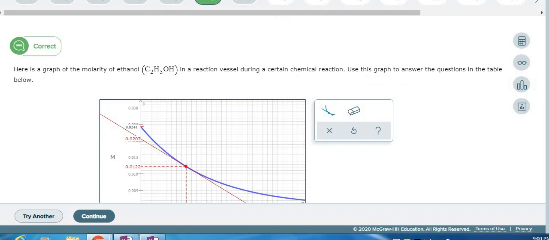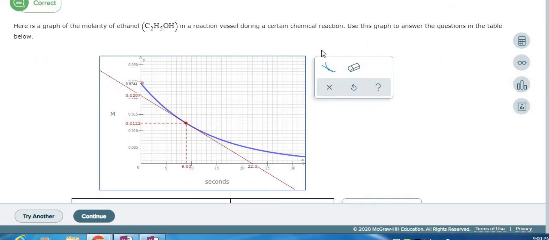Okay, so you can do this again: use that tool to draw the tangent line, and then calculate the instantaneous rate by getting the slope of the tangent line, and then also get the average by taking the initial concentration, and since it's being consumed, going to the concentration at 9 seconds divided by those 9 seconds, and that will give us the average.